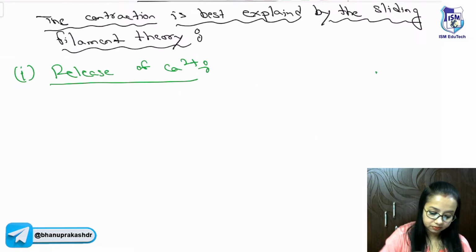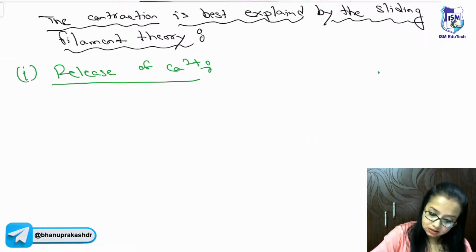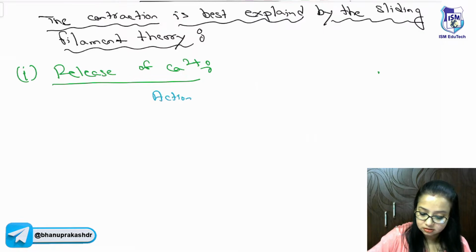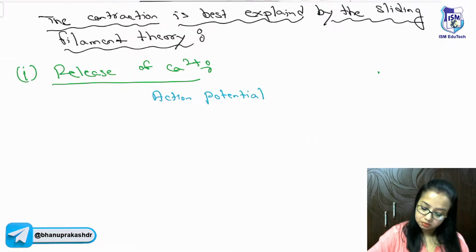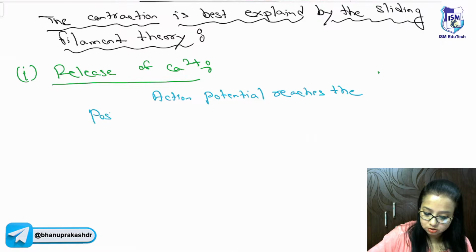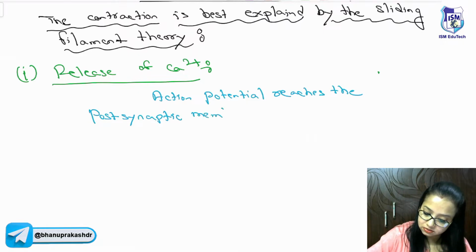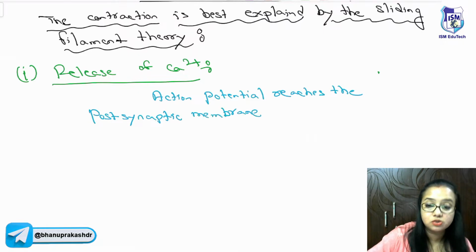Okay. Now, release of calcium happens how? It happens like first action potential reaches the post synaptic membrane. This mechanism we know, we have studied, so I'm not going into it again.